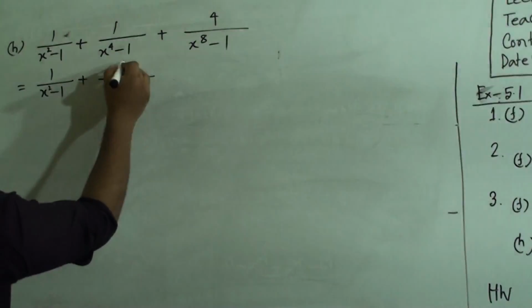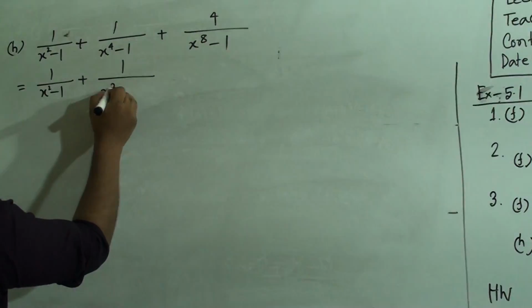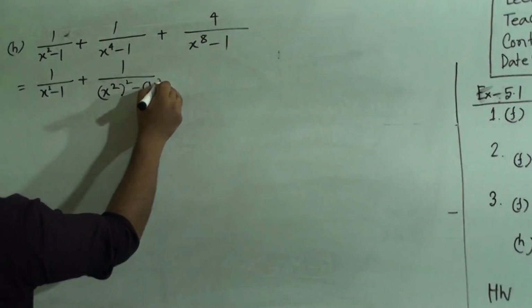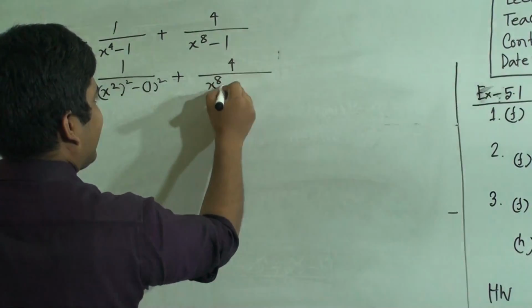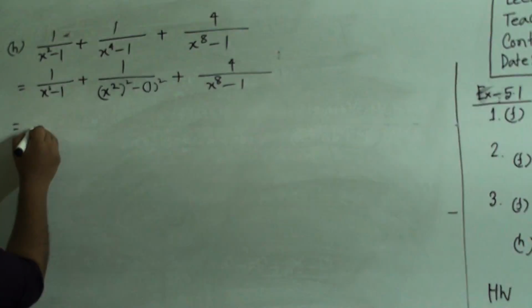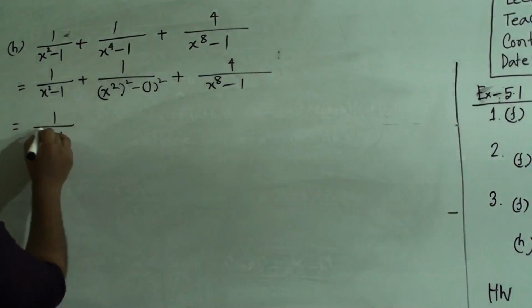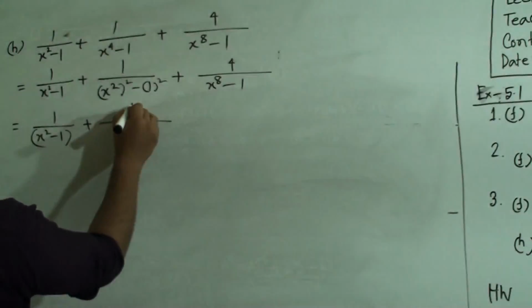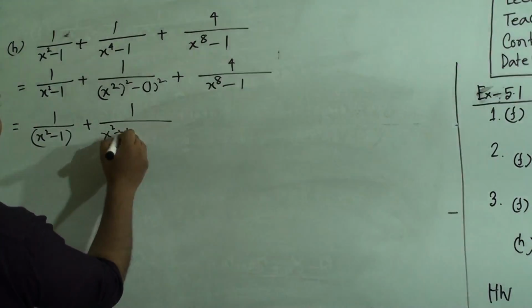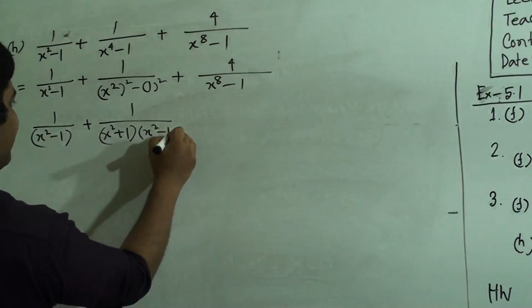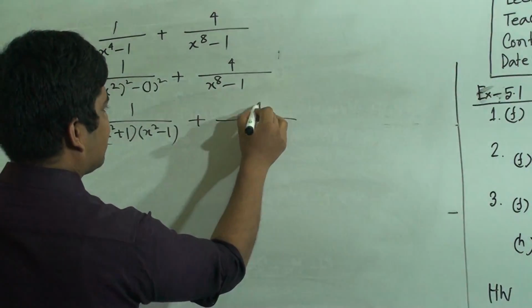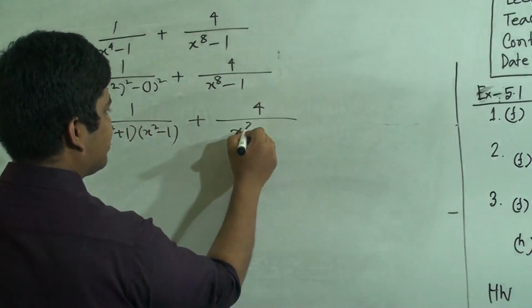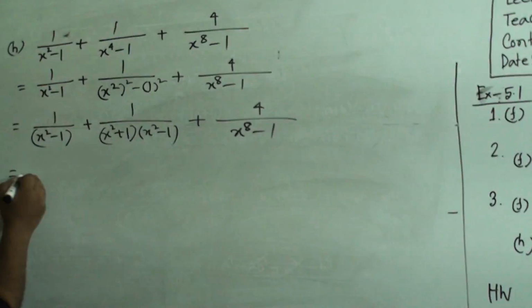After that we write this as x square whole square minus 1 square, and here we write 4 by x to the power 8 minus 1. Now 1 by x square minus 1, and this is written as x square plus 1, x square minus 1. Okay, and we write this 4 by x to the power 8 minus 1.